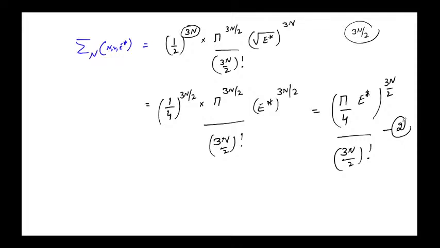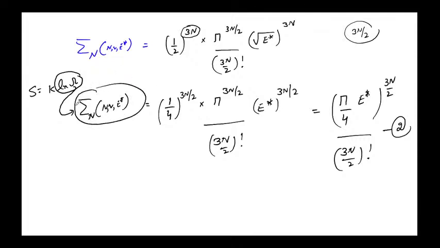Now from this microstate, we know the value of entropy is equal to k log of this omega. Now our new microstate is from omega to sigma. So we have to take the logarithmic value of equation 2, and from that we can find the value of entropy. So let us take log of equation 2.